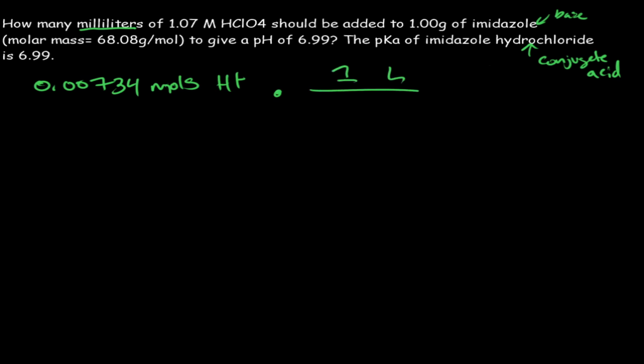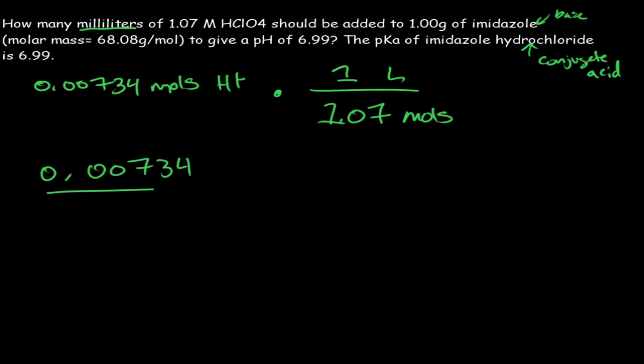And our molarity is, again, moles per liter. So if we divide by molarity, we would have liters on top and 1.07 moles on the bottom. Again, this is the same thing as doing 0.00734 divided by 1.07 molarity. Both of these are giving us the same thing.